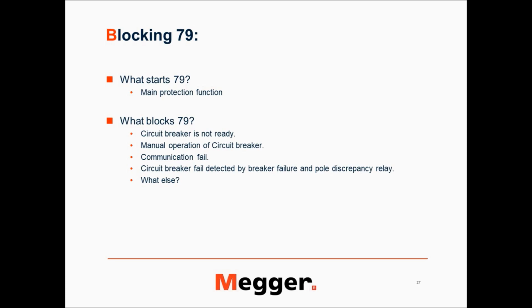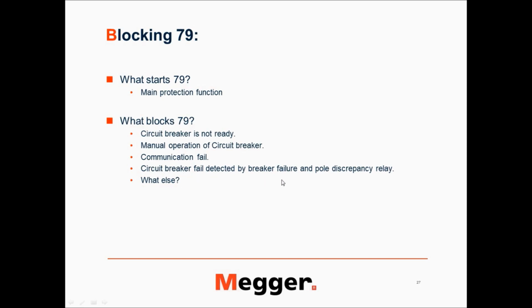That could also be a manual operation of the circuit breaker. That could be a communication fail, which is making the 79 function not reach the Reclose circuit or the auxiliary circuit. And some other things: circuit breaker fail detected by the breaker failure and the pole discrepancy relay.